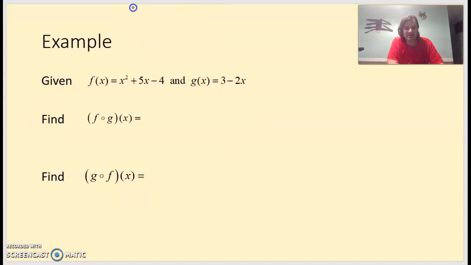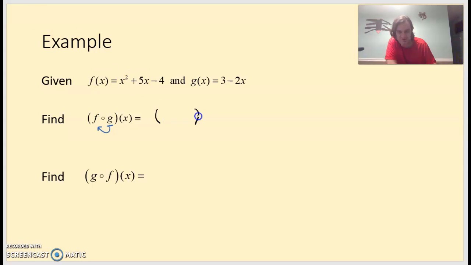So here, in this example, f of x is x squared plus 5x minus 4, and g of x is 3 minus 2x. So the first time we want to do this, we're going to try and find f of g, which means g is going to go into f. So keep that in mind, g is going to go into f. So I'm going to write down my f, which is x squared.